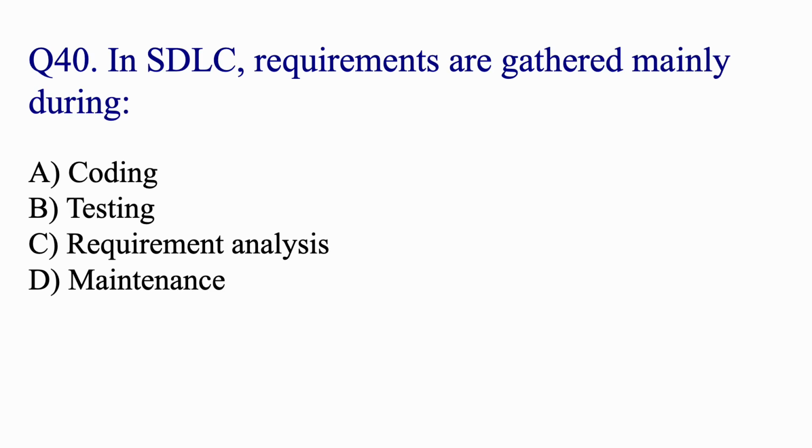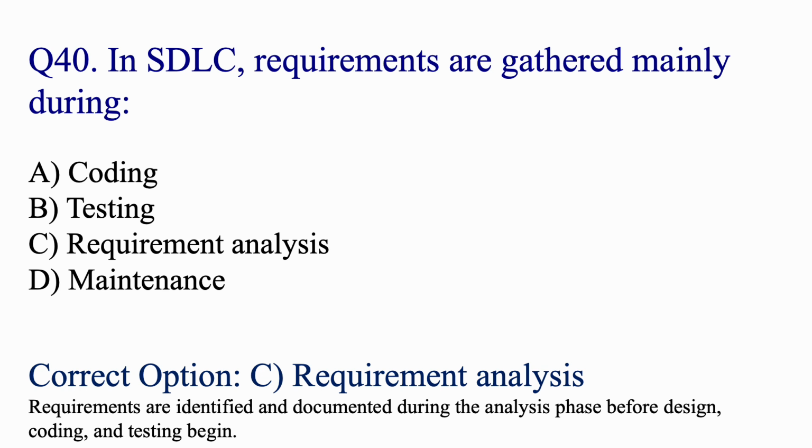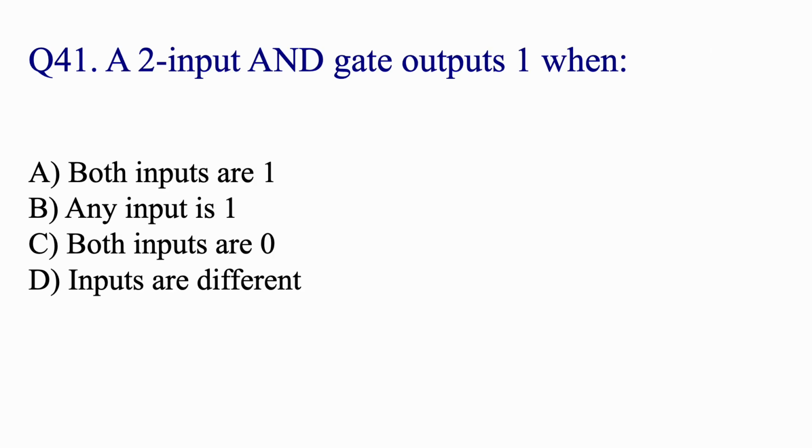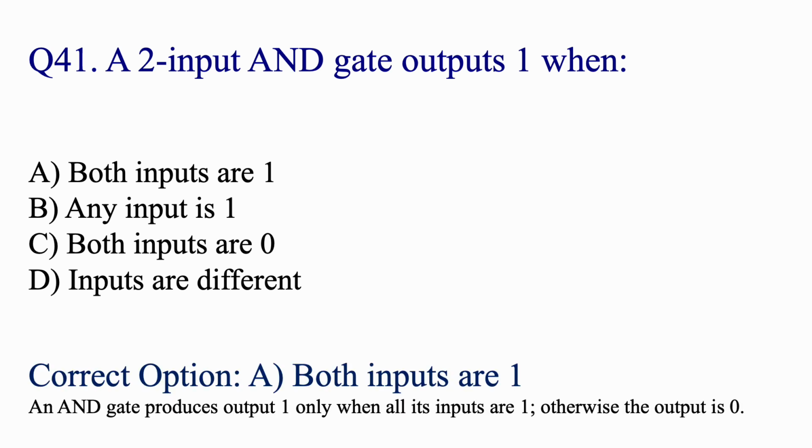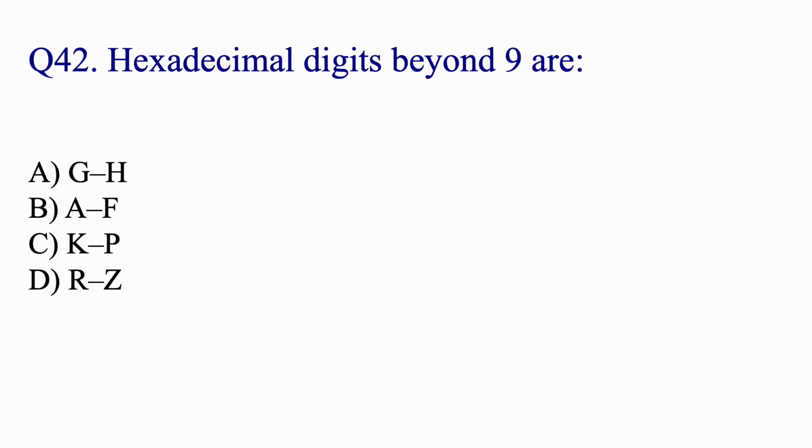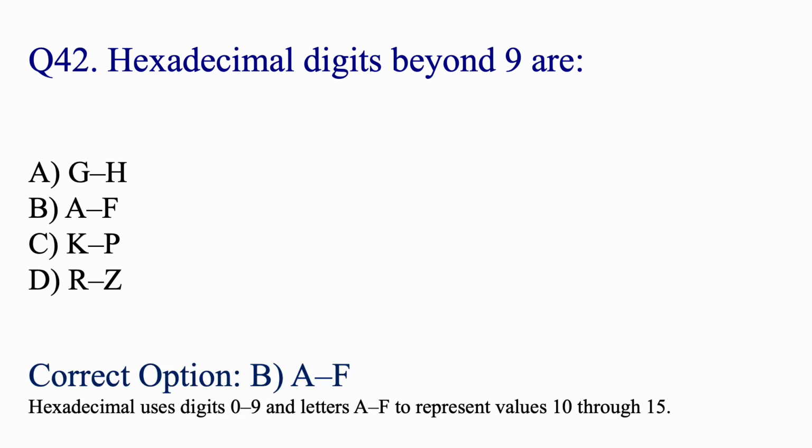In SDLC, requirements are gathered mainly during requirement analysis. A 2-input AND gate outputs 1 when both inputs are 1. Hexadecimal digits beyond 9 are from A to F.